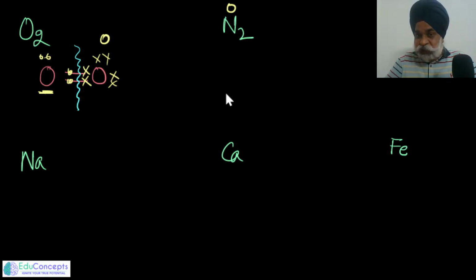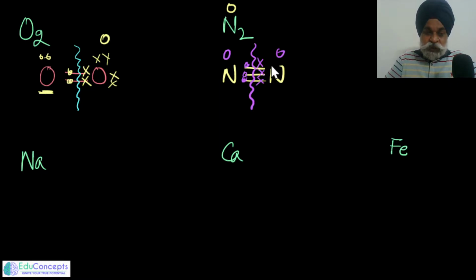Similarly for nitrogen it is 0, because N triple bond N, you have 3 electrons on this side and 3 electrons on this side, and if you theoretically remove, this would get 0, this would also get 0. So the point here is, when 2 atoms are joined by a double, triple or single bond and the 2 elements are the same, the apparent charge on theoretical removal on both atoms would be 0 and 0.